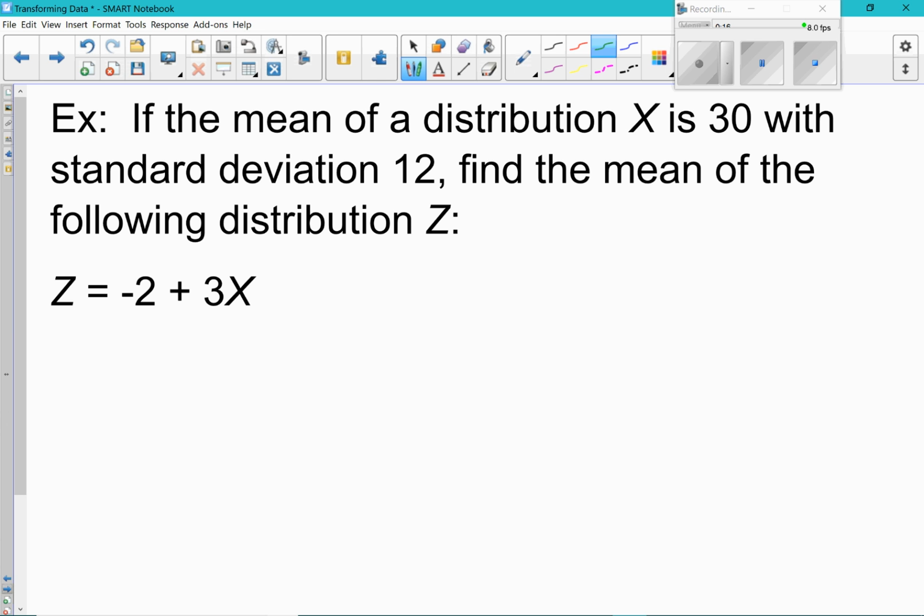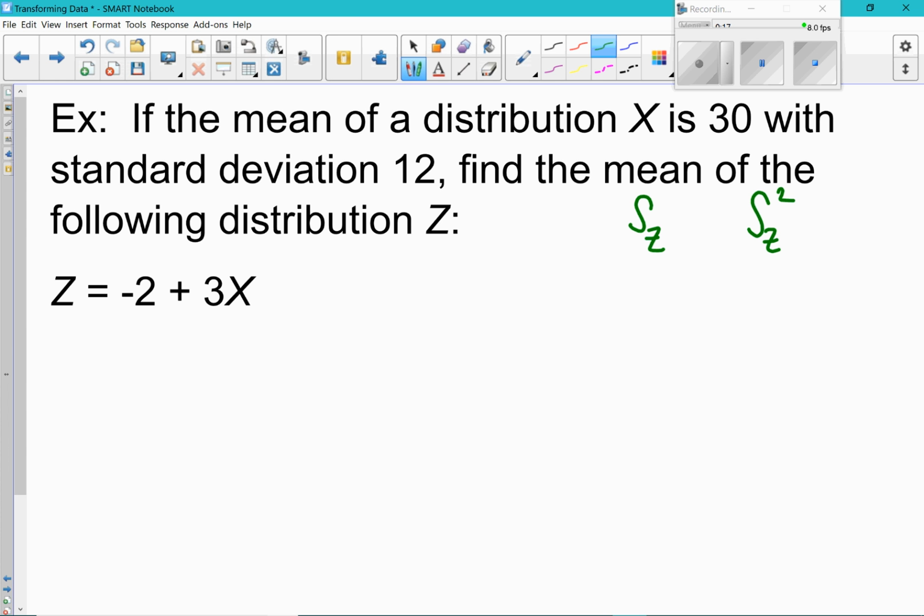Okay, but what if you have multiple things going on? This is our very last example. If the mean of a distribution, so we're just going to call the distribution variable x. When we start to have a lot of distributions and we're comparing things, sometimes you call one of them x, one of them y, etc. If the mean is 30 and the standard deviation is 12, let's find the mean, the standard deviation of z, and the variance of z just for funsies.